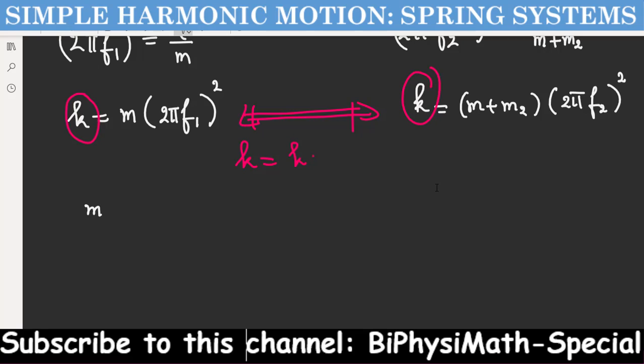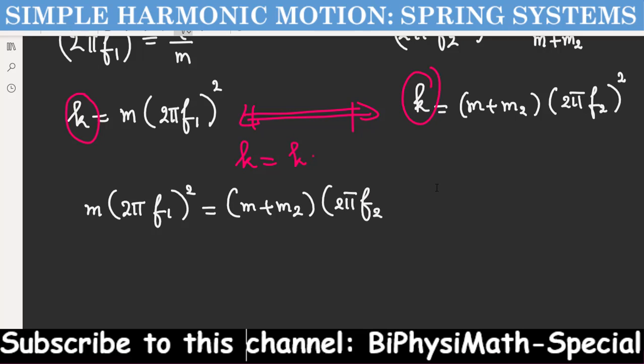Equating, we find M times 2 pi f1 squared equals M plus M2 times 2 pi f2 squared. Now solving for M, let's try to solve for M. How?